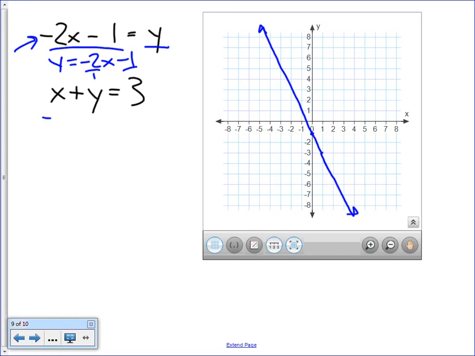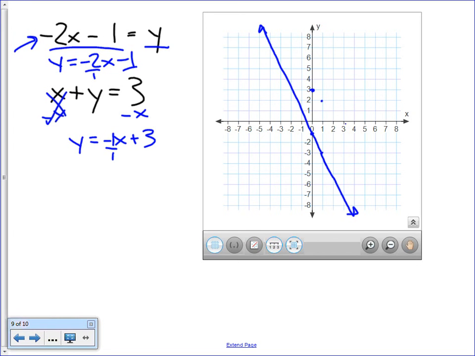And the next one, x plus y equals 3, I need to get y by itself on one side. So let's just subtract x on both sides. So y is going to equal negative x plus 3. So we start at a y value of 3. I go down 1 over 1 to right here.